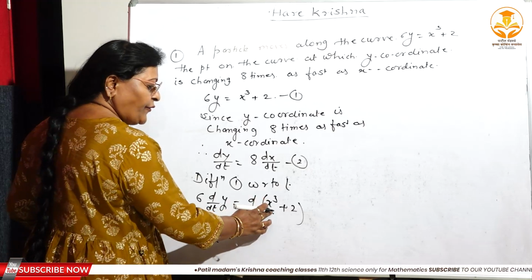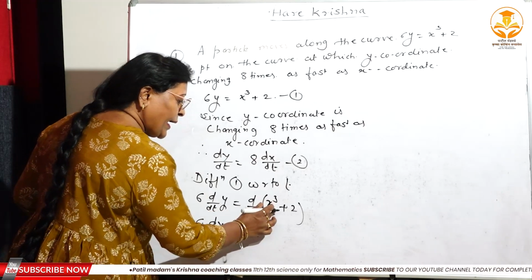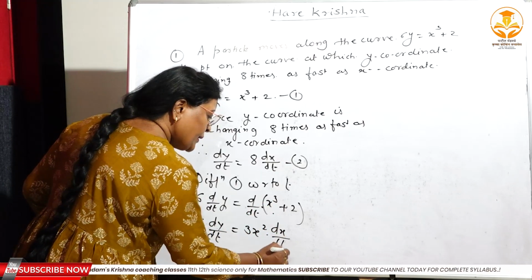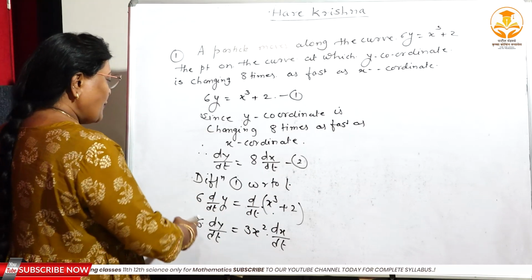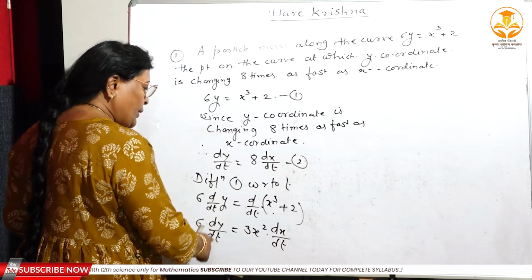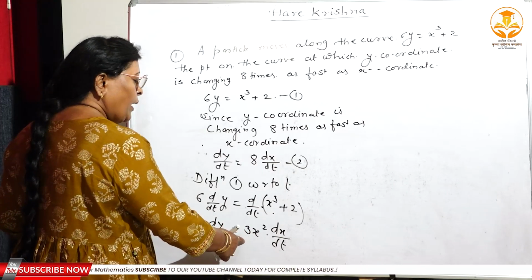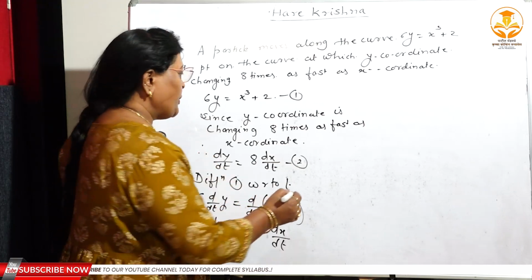Again, what is the derivative of x cube here? That is equal to 3x square. Take x from here, t from this, you can write it as dx by dt. And the derivative of 2 is always equal to 0. Therefore, here you have got 6 into dy by dt equal to 3x square dx divided by dt, because you have to differentiate with respect to t, isn't it?